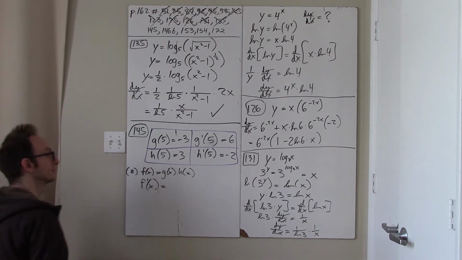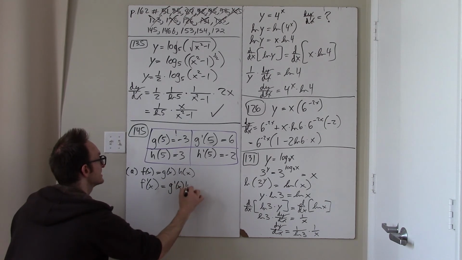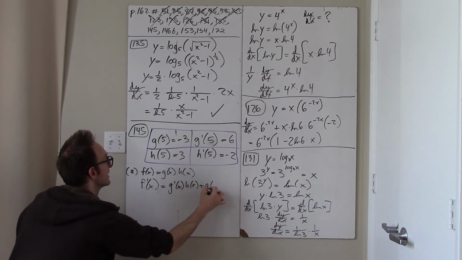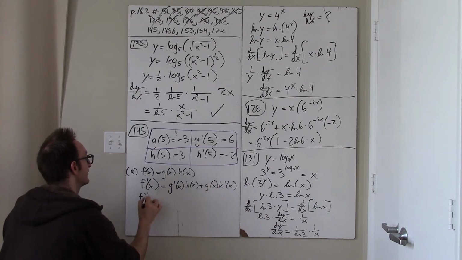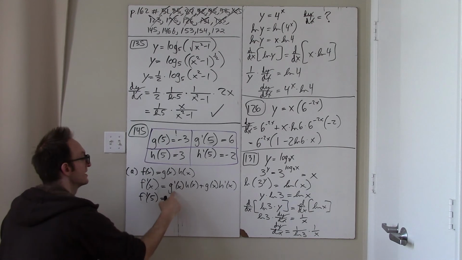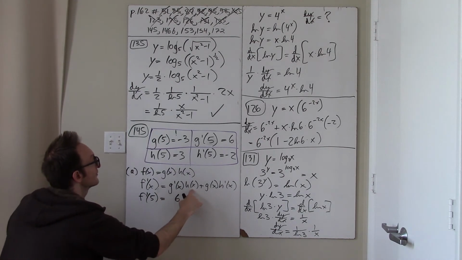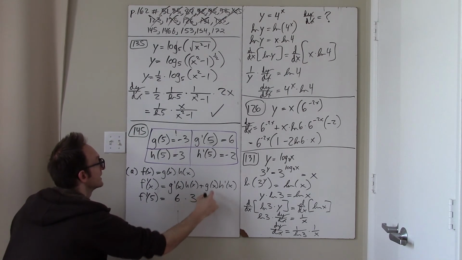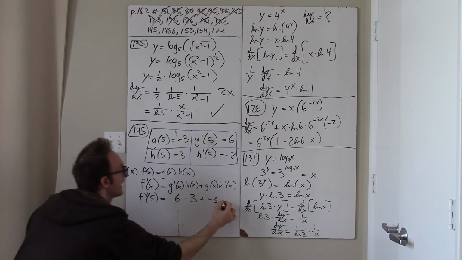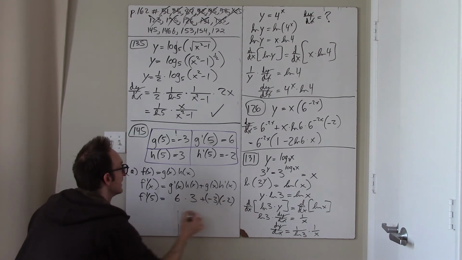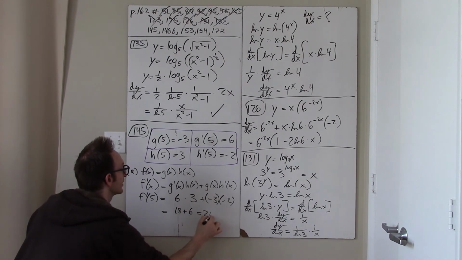It's just the product rule: the derivative of the first times the second plus the first times the derivative of the second. If what I really want is f prime of 5, then I stick in those values: g prime of 5 is 6, h of 5 is 3, g of 5 is -3, h prime of 5 is -2. And so the answer should be 18 plus 6 equals 24.